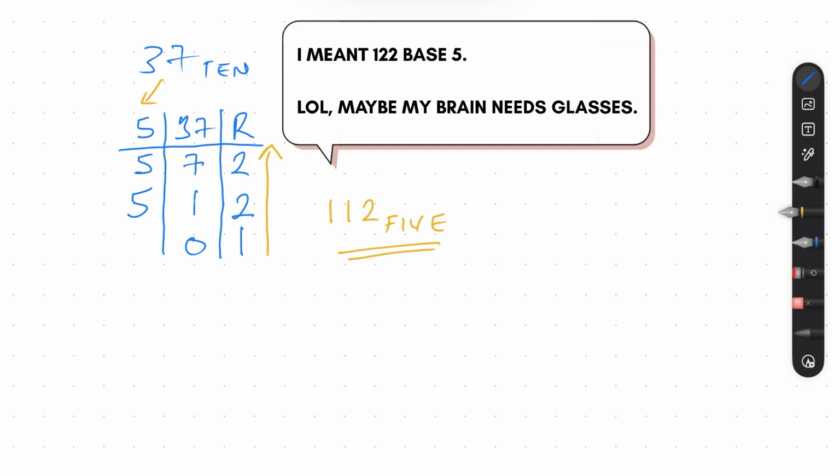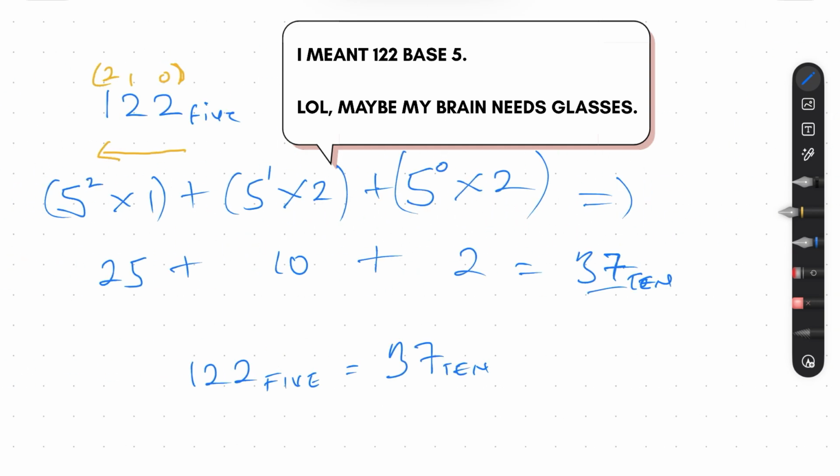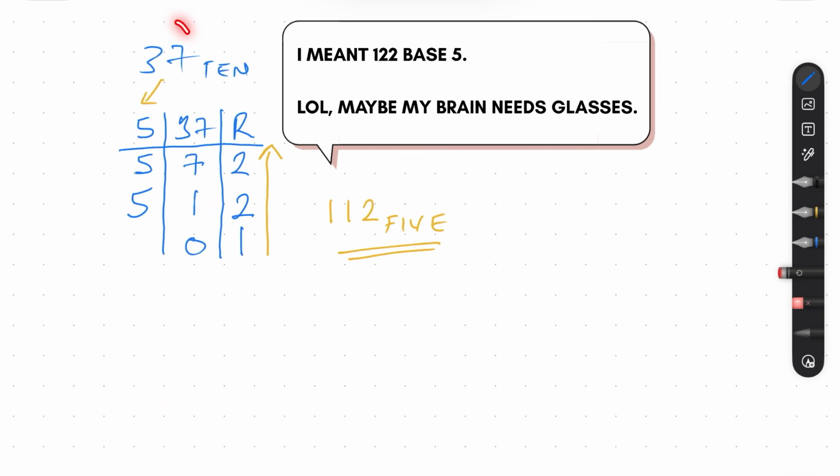So as you can see, the original digit was 112 base 5, and we changed it to base 10, which was 37, and now we change 37 base 10 back into base 5. So we have to get the same answer, which is 112, right? 112, just over here, 112.